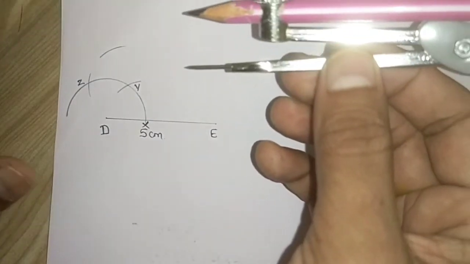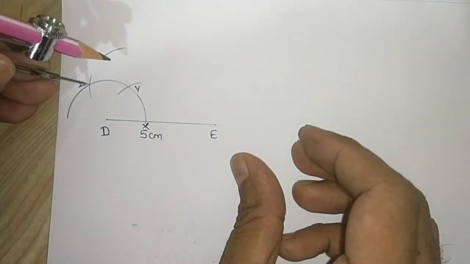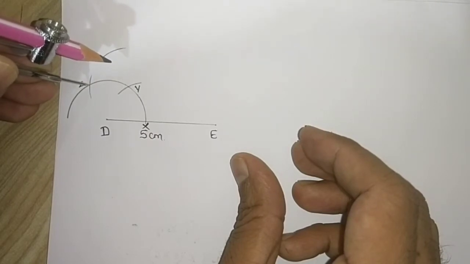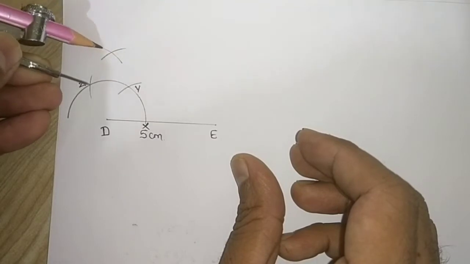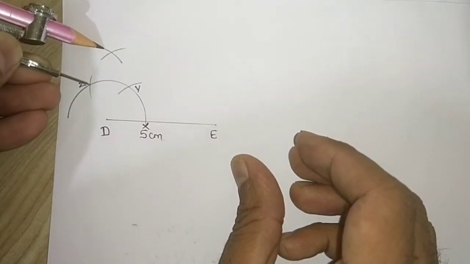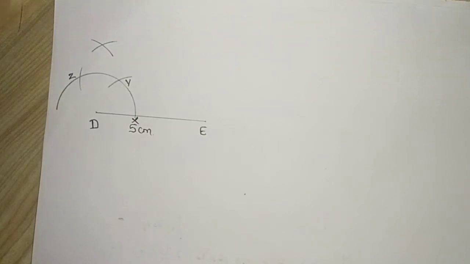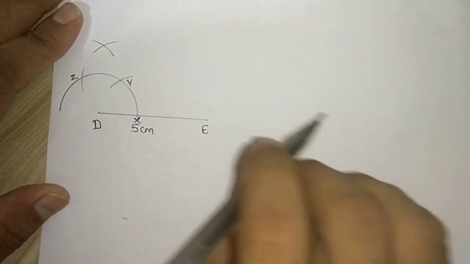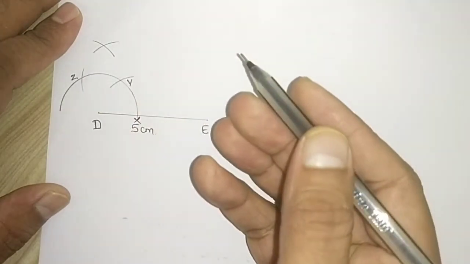Now taking the needle and placing it on Z, cut one arc which intersects the previous arc at, I will not name it as F, I will name it some other point.